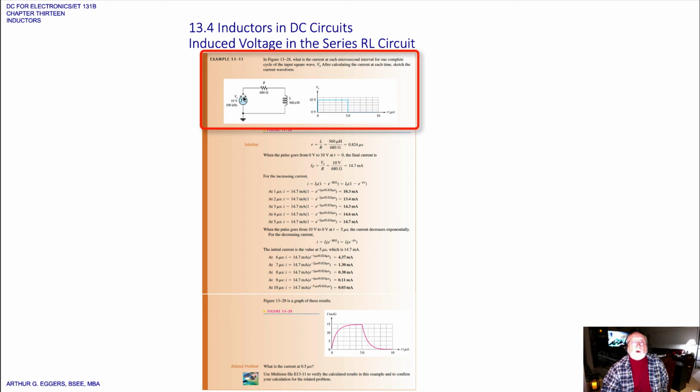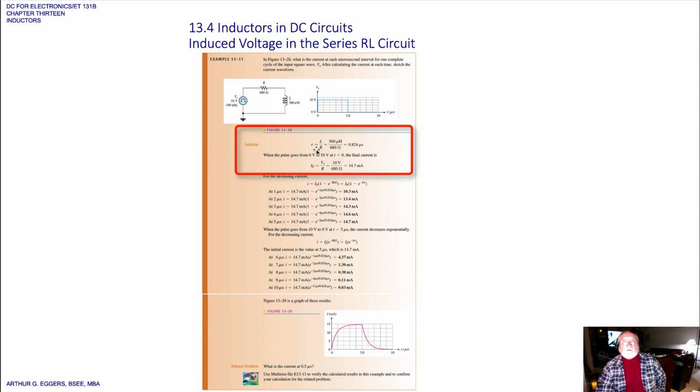So we've got a square wave generator over here, 10 volts at 100 kilohertz, a resistor and an inductor. After calculating the current at each time, sketch the current waveform. First step, calculate your time constant tau, L over R. We get 0.824 of a microsecond.